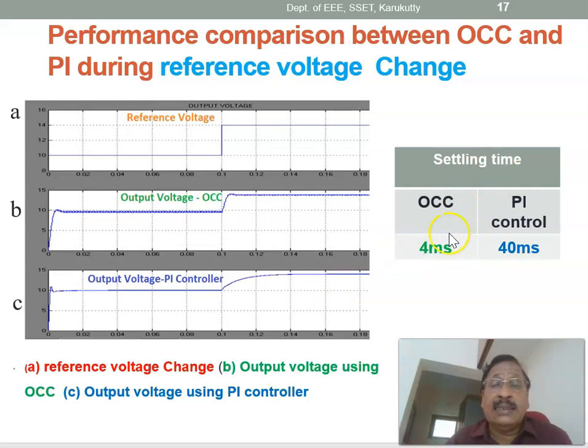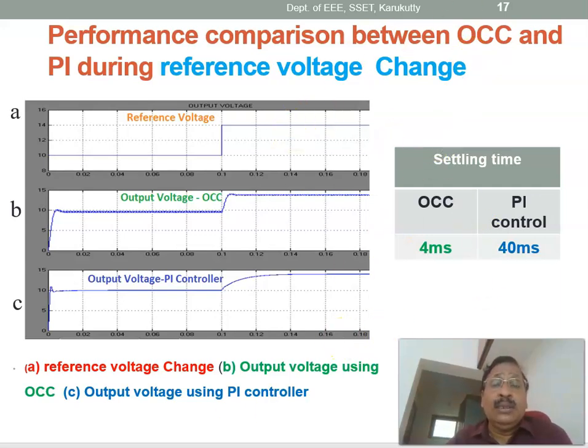The settling time is again much higher in the case of the PI controller compared to the one cycle controller. As the reference changes, the output should track the reference voltage, but it takes more time to reach it in the case of the PI controller. Therefore, this is the reference voltage first, this is the output voltage using one cycle control, and this is the output voltage using the PI controller as the reference voltage changes.